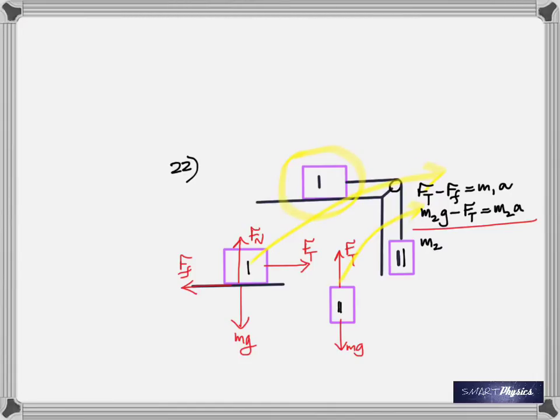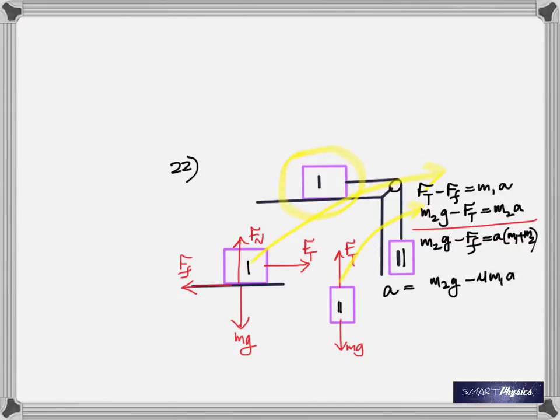Now add the two equations. You can solve it any way you like, but I just thought adding them will get rid of the positive Ft and the minus Ft when you add them. On the right side, a is common, so I've taken m1 and m2 outside. A is common, m1 plus m2, and then make a the subject.